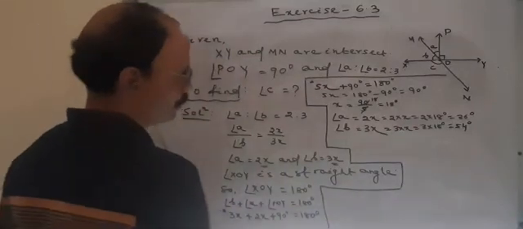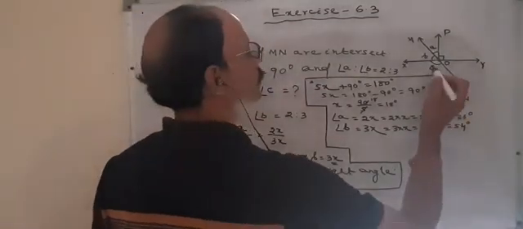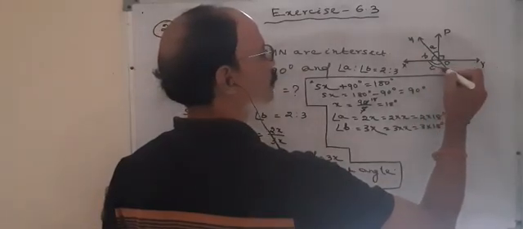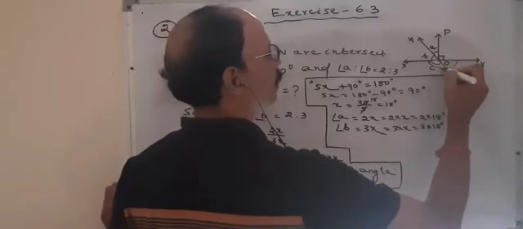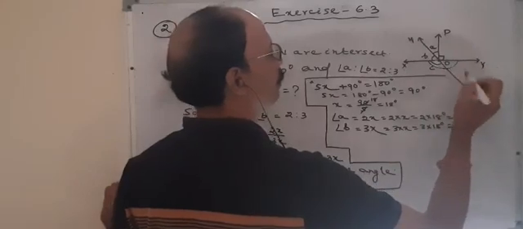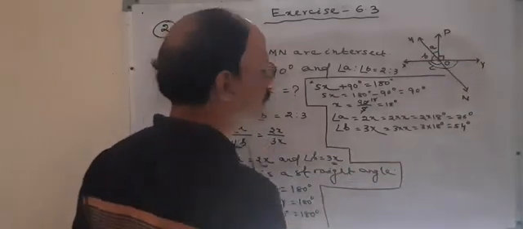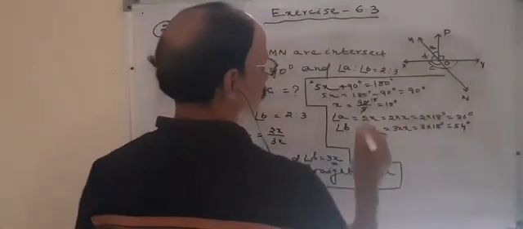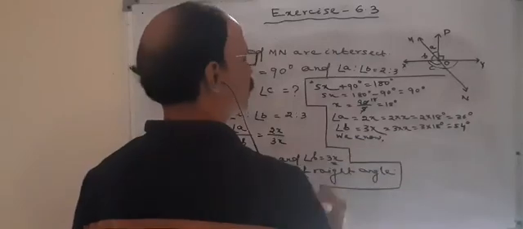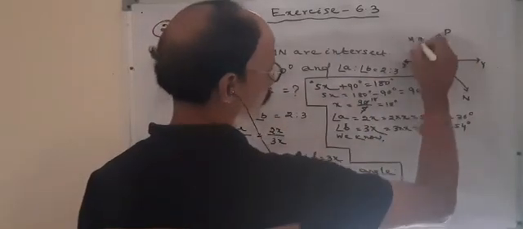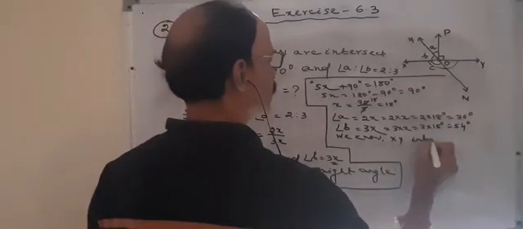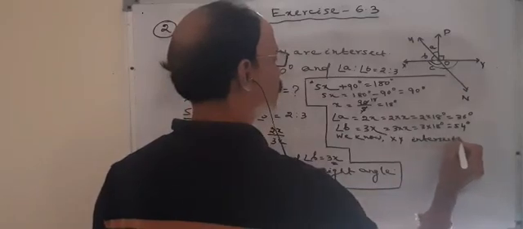So now let's proceed. Here you see XOY is a straight angle, and we can write these two angles on the below side, angle C plus YON. First let's write, we know XY intersects MN.